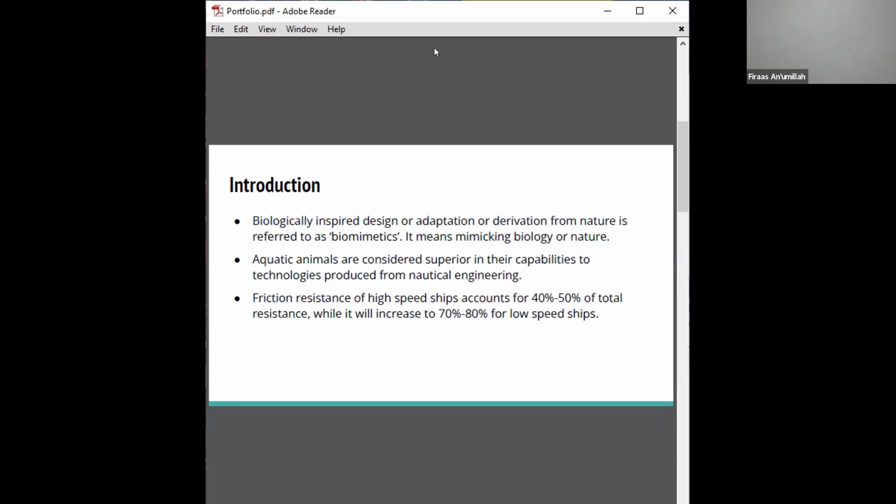By studying and understanding the mechanism of natural phenomena, humans may be able to reproduce these phenomena on demand. For example, friction resistance of a high-speed ship accounts for 40 until 50% of total resistance, while it will increase to 70 until 80% for a low-speed ship.